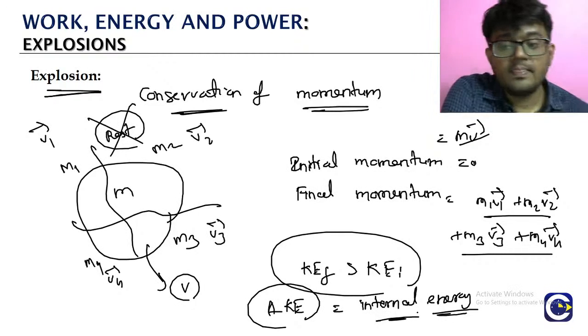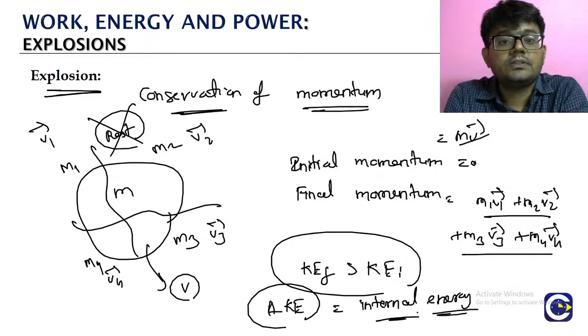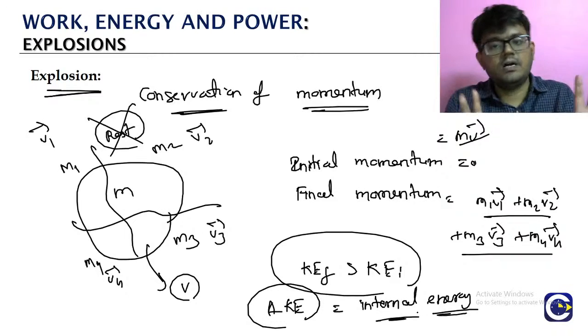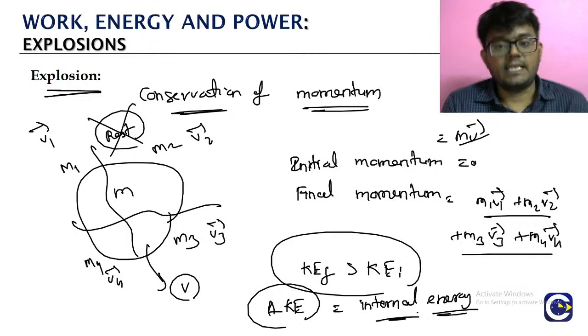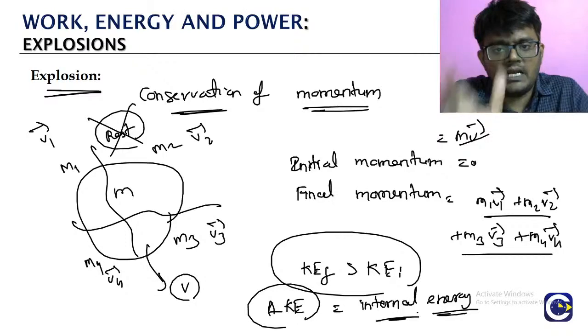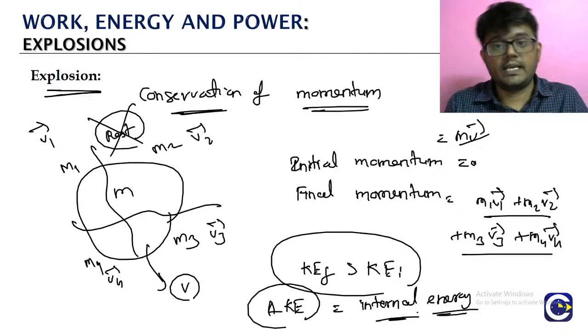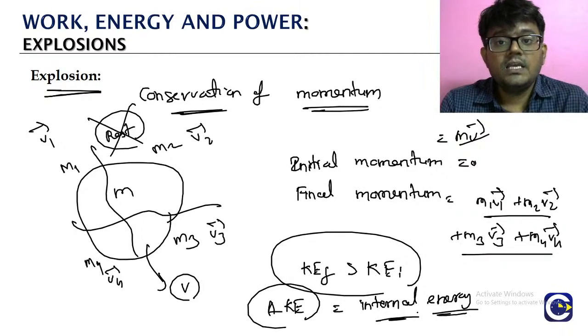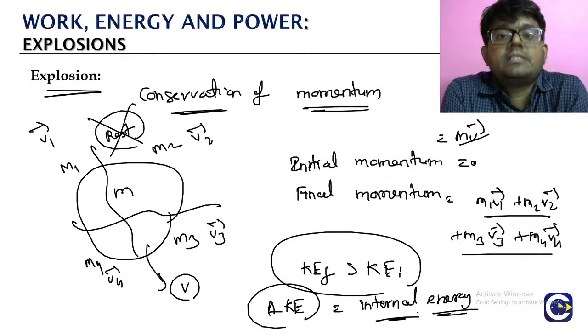We will get questions where we have to use the conservation of momentum. Sometimes they can also ask what is the increase in kinetic energy. In the explosion case, the final kinetic energy, the sum over all particles, will be higher than the initial kinetic energy, because in most cases the initial kinetic energy is 0, as the object is initially at rest.